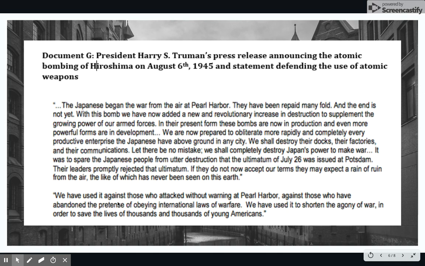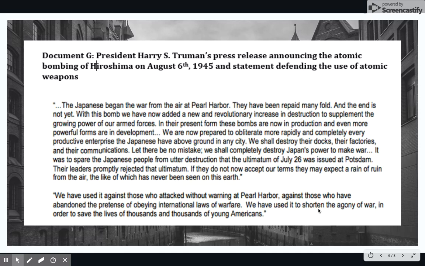So if we're looking for a quote to support our answer that the main idea is about defending the use of atomic weapons, we could look at this last section where he states, "We have used it against those who attacked without warning at Pearl Harbor, against those who have abandoned the pretense of obeying international laws of warfare.